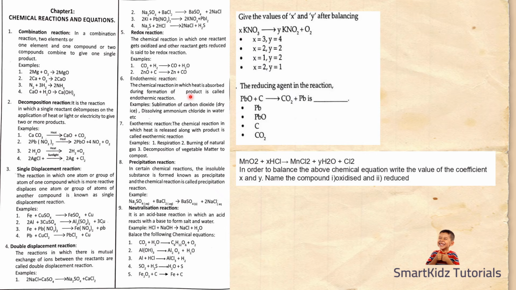Similarly, if somebody loses hydrogen, we call it an oxidation reaction. Gaining of oxygen or losing of hydrogen is called an oxidation reaction. On the other hand, losing of oxygen or gaining of hydrogen is called a reduction reaction.